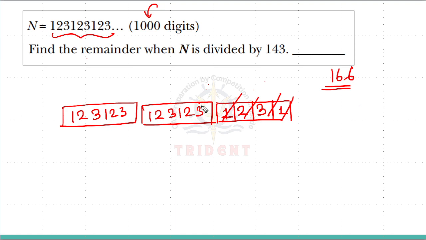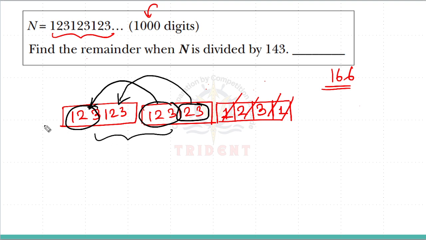If you take the group 1 2 3 and add them, and subtract the next group from this number, alternately you can do this thing 166 by 2, that is 83 times, right? So 83 times you can form, and these groups will subtract each other and you will be left with 0. A 0 in this situation means that these numbers are perfectly divisible by 11.